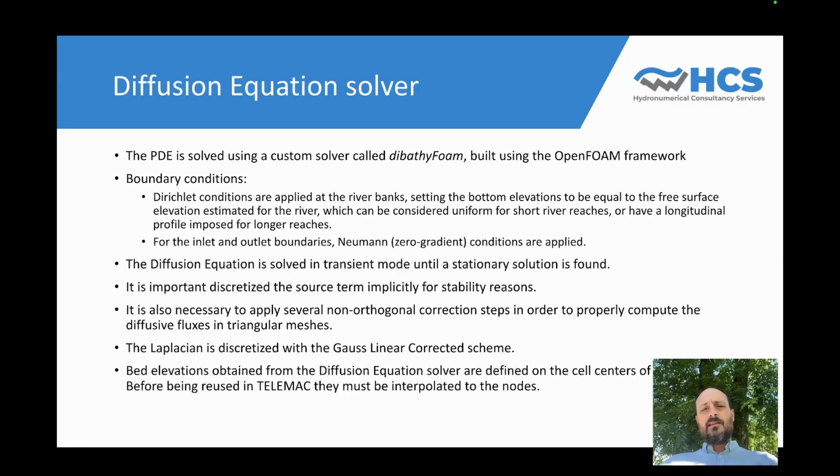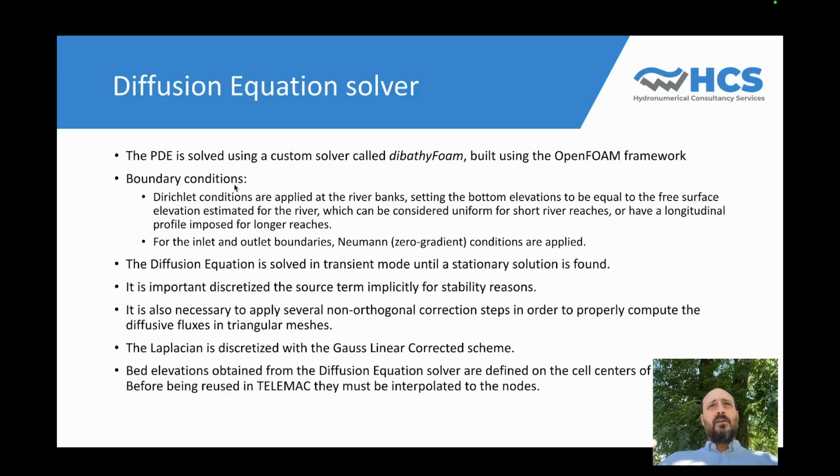A couple of details about the solver. We programmed a custom solver in OpenFOAM called BATHYMETRIC, because of diffusion of bathymetry. And this solver basically uses as boundary conditions in the banks a Dirichlet boundary condition, so you need to specify the bank elevation, which by definition should be around the same as the free surface elevation of the river.